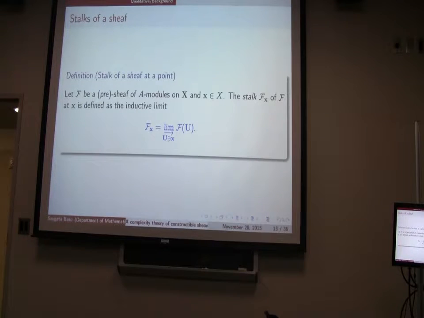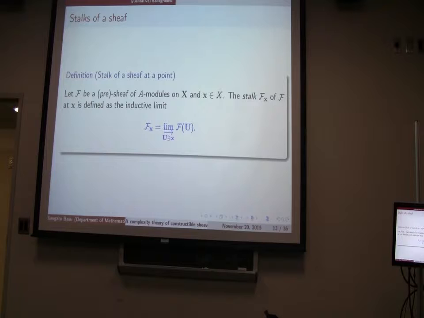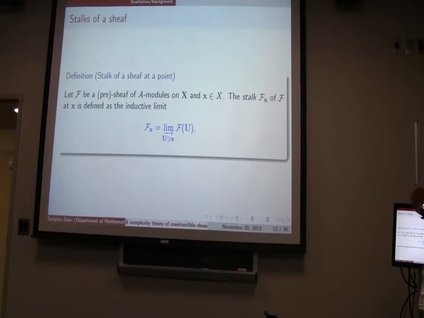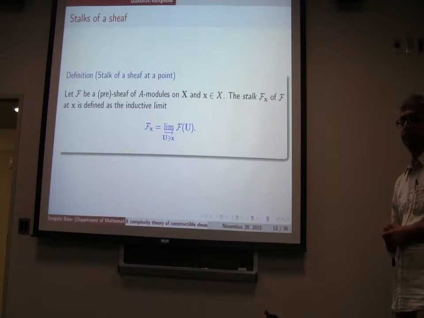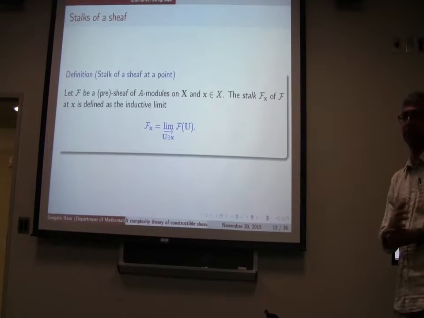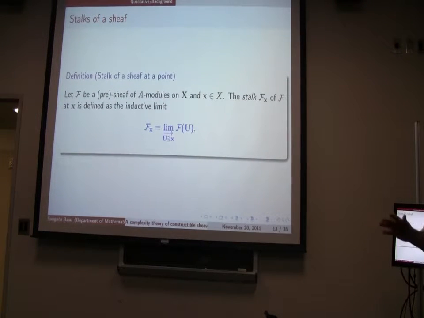But also the stalk of a sheaf at a point, which would be of interest to us, is the inductive limit of the F(U)'s over all neighborhoods U containing x. But constructible sheaves, unfortunately, so first of all, we are talking about sheaves of A-modules where A is a fixed ring. So we are not talking about sheaves of O_X-modules, like it's more common in algebraic geometry.